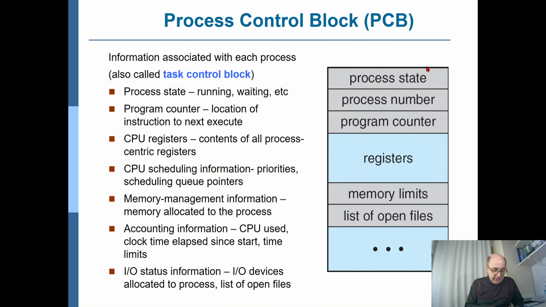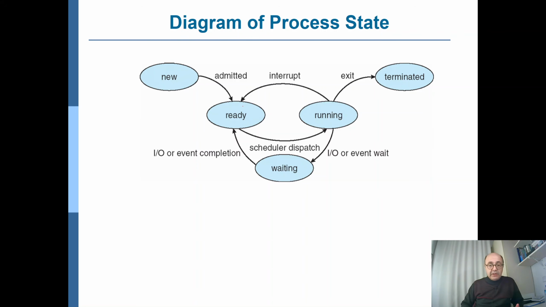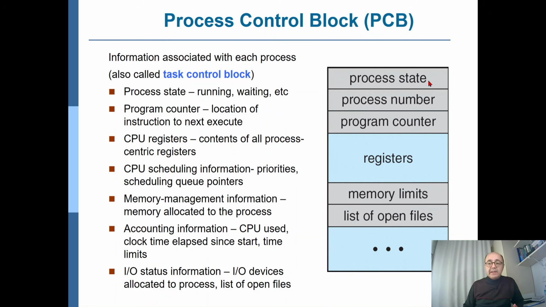In which state is this process? Is it in the new state, ready state, running state, waiting state, terminated state? In a variable, you should be keeping these values. Where do you keep them? That's in this field. The process ID, the process number.